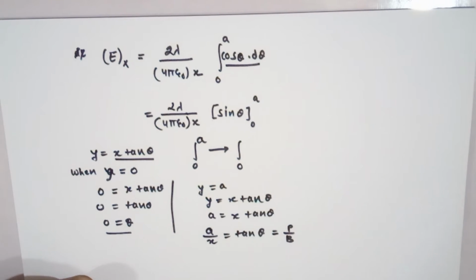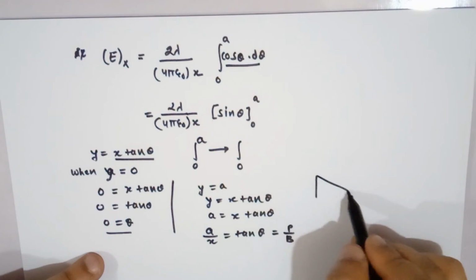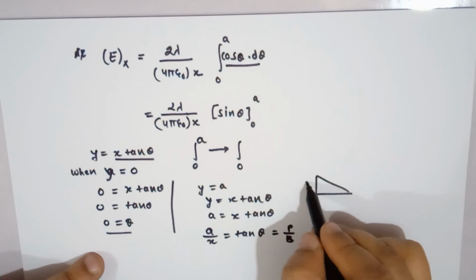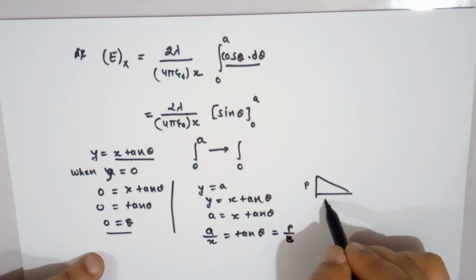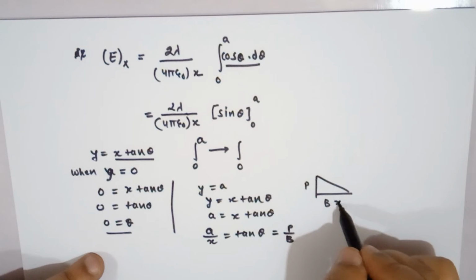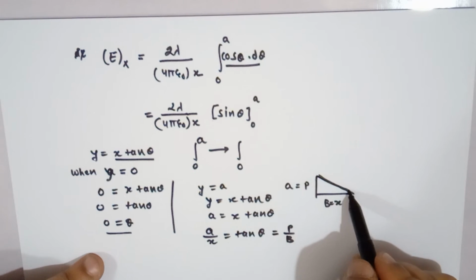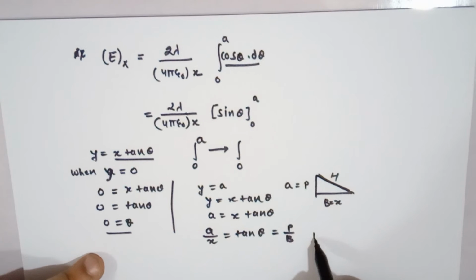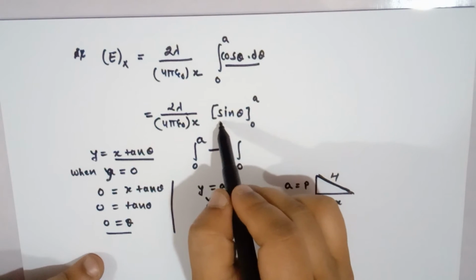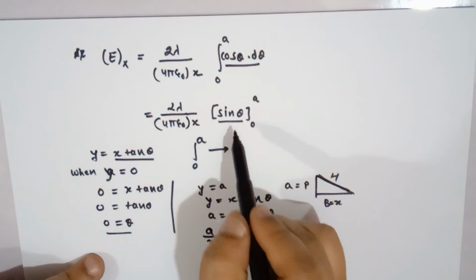If you make a triangle here, the perpendicular is a and the base is x. Our task is to find the hypotenuse, because we need to know sin theta in this case.